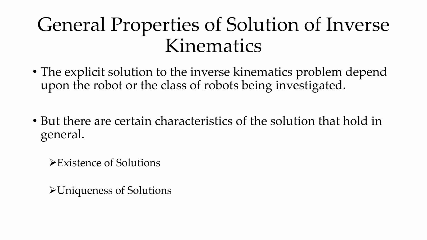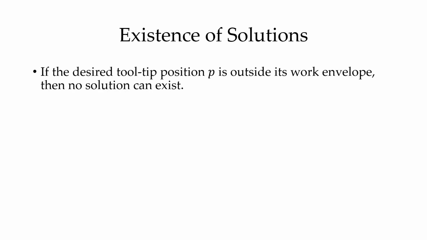First, we will look at the existence of the solution. If the desired tooltip position P is outside its work envelope, then no solution can exist. We have already mentioned it. That is, if it is outside the workspace, if it is outside the work envelope, then no solution can exist.